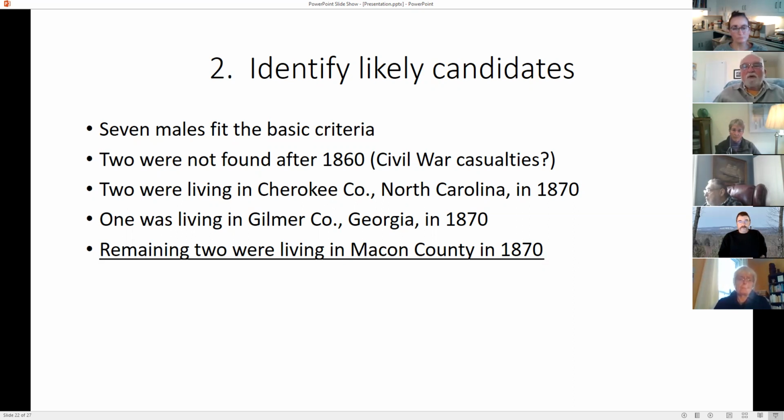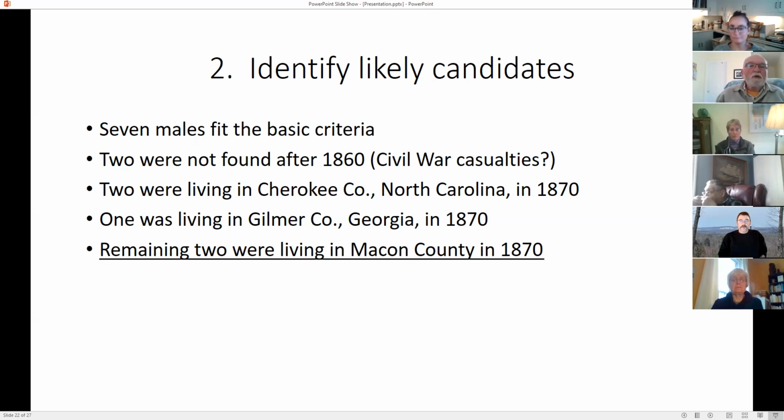So that was a very easy number to work with. And I found that 2 of them, I couldn't find them after 1860. And I suspect they were probably Civil War casualties. I didn't find a service record for them, but they also were not in the 1870 census. So they were probably not in the picture.